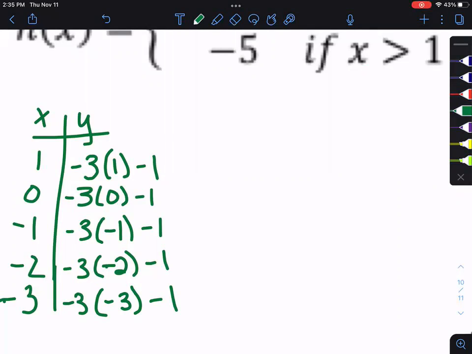Take a moment and go ahead and find all 5 of these y values.